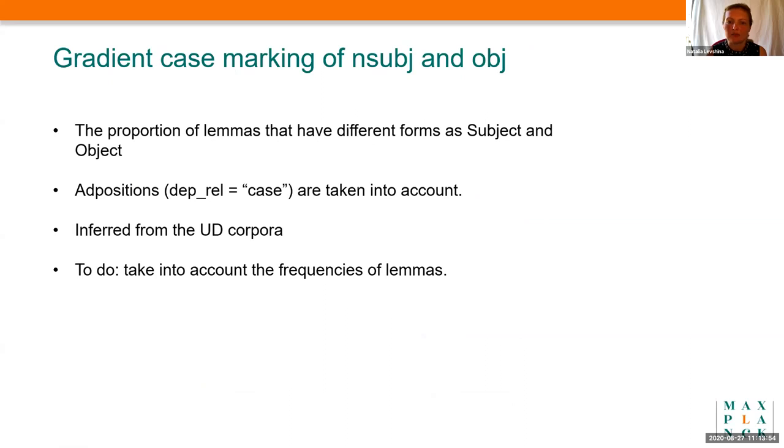And if they had different forms, I computed the proportion of all those lemmas that had different forms. I hope I haven't confused you right now. I also took into account the positions marked as case as this dependency relation, in order to compensate for different orthographic strategies in a language.